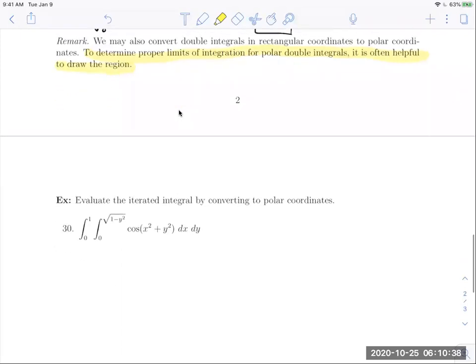All right, so what I have here is my y limits ranging from 0 to 1, and my x limits are ranging from 0 to the square root of 1 minus y squared. Now let's zero in on that upper limit on x. And for just a moment, I'm going to write equality.